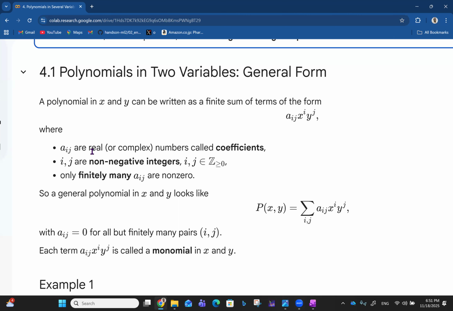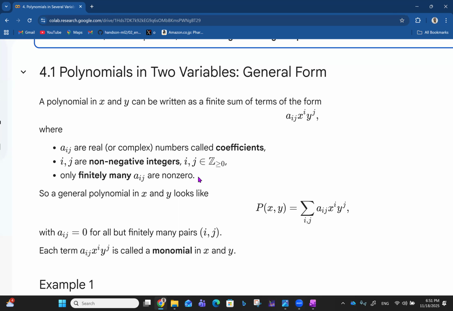Here, the a_ij are real or complex numbers called coefficients. Then i and j are non-negative integers, like we know already. So i and j belong to the set of integers that are greater than or equal to 0. Then only finitely many a_ij are non-zero.